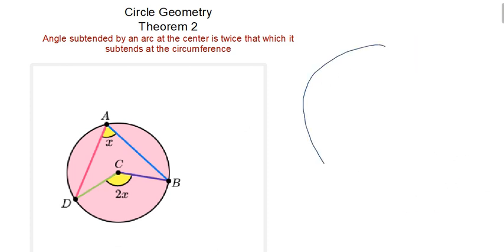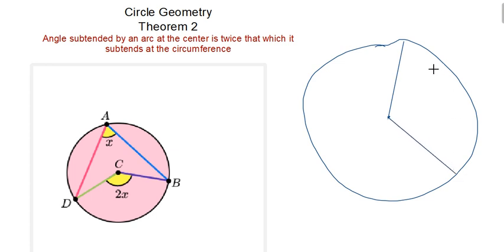Let's say you have an angle here in the circle, something like this, and you are given this place to be 100 degrees, and you have to calculate beta.